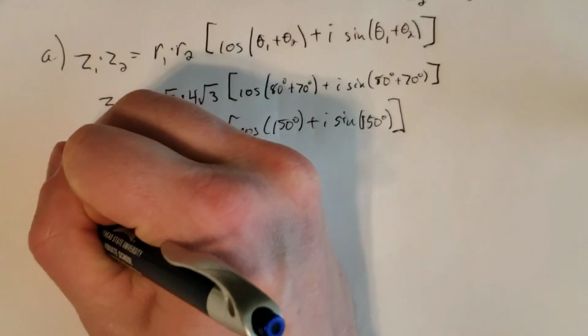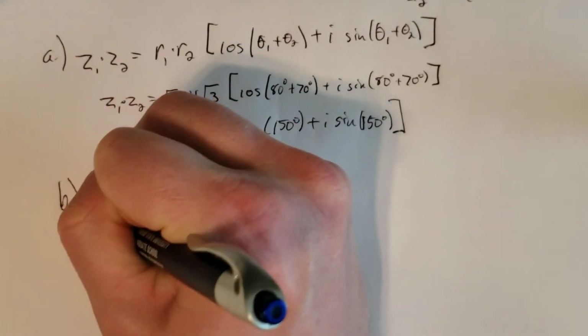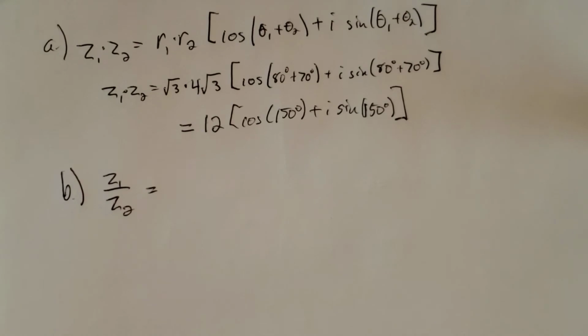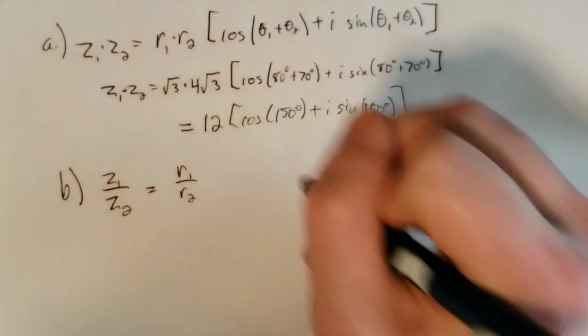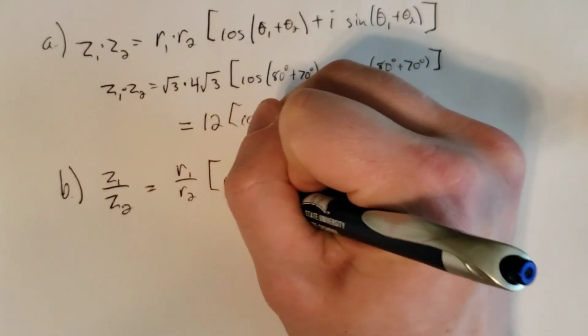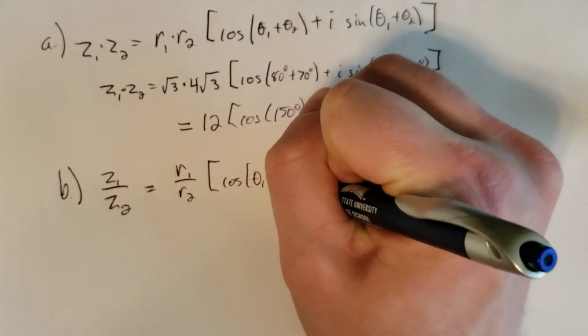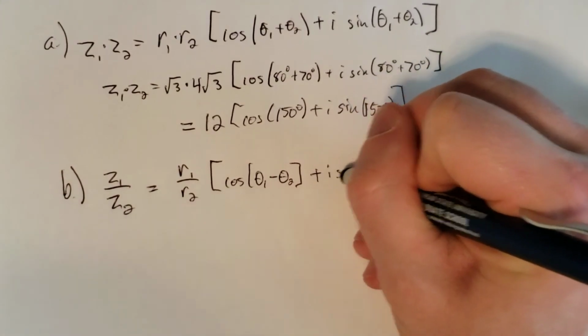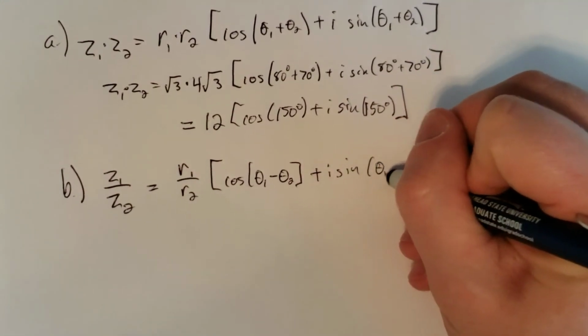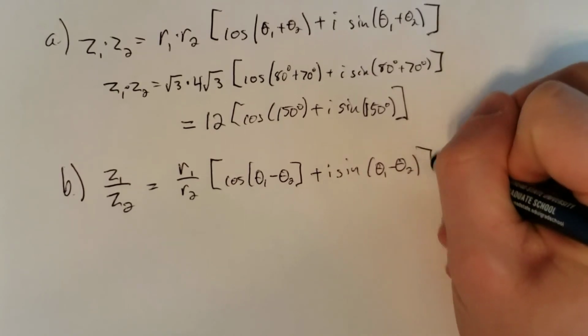We also want to do z1 divided by z2. And the formula for that, which is also in your book, is r1 over r2 times cosine of theta 1 minus theta 2 plus i sine of theta 1 minus theta 2.